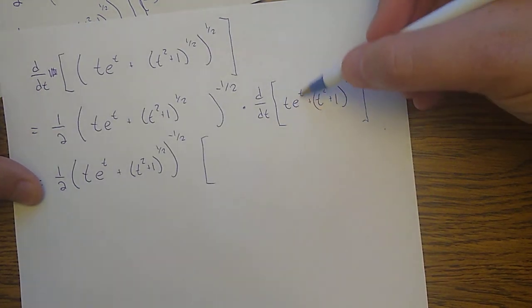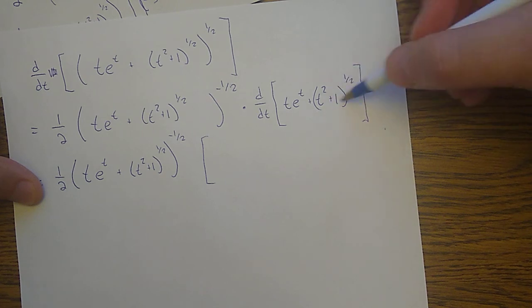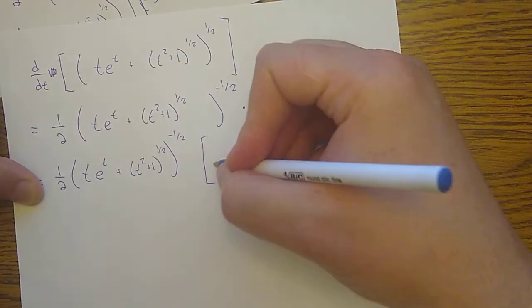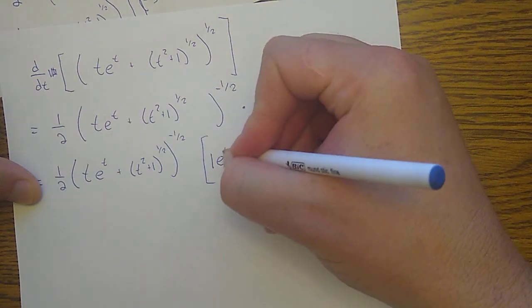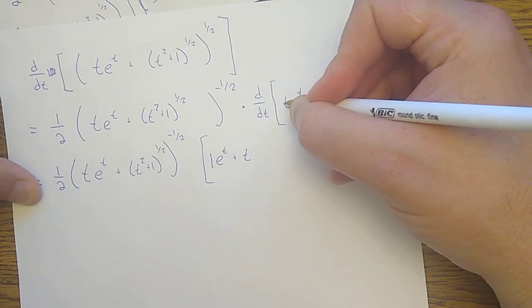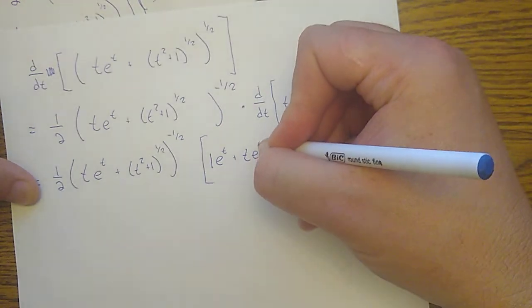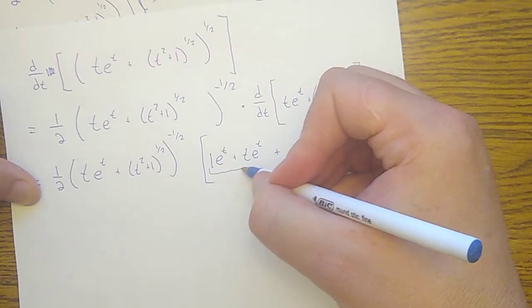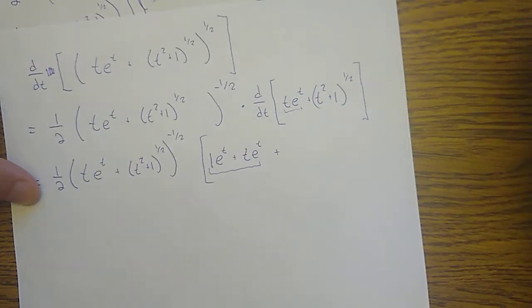This is a product rule. This is a chain rule. So product rule here, the derivative of t is 1, and then I'll leave the e to the t alone. And then for the second part, I'll put t, and I'll leave e to the t alone, like that. So that's the derivative of that.